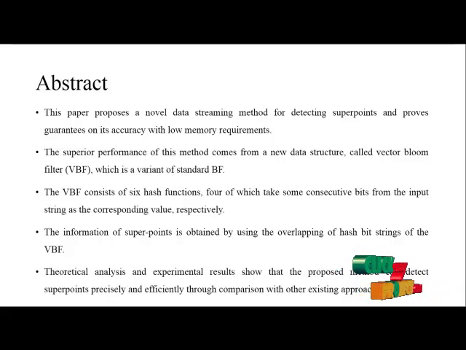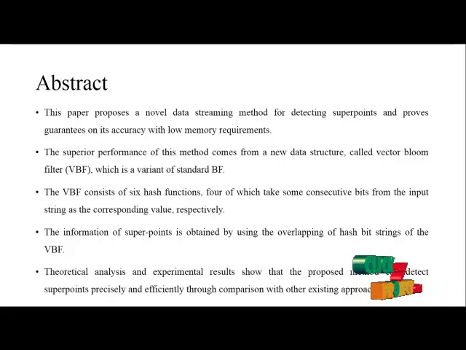This paper proposes a novel data streaming method for detecting superpoints and proves guarantees on its accuracy with low memory requirements. The superior performance of this method comes from a new data structure called Vector Bloom Filtering, which is a variant of standard Bloom filtering. The Vector Bloom filtering consists of 6 hash functions, 4 of which take some consecutive bits from the input string as the corresponding value respectively.